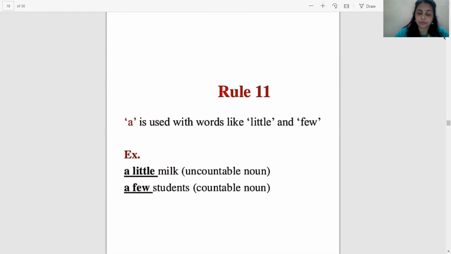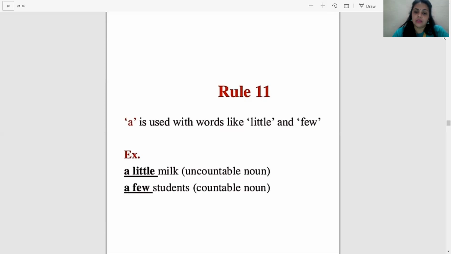Rule 11. A is used with words like little, few. Little and few already refer to a very negligible quantity. And when we add a, it is a more hopeless case, or we can say the quantity decreases even more.